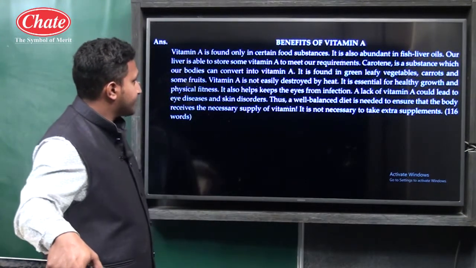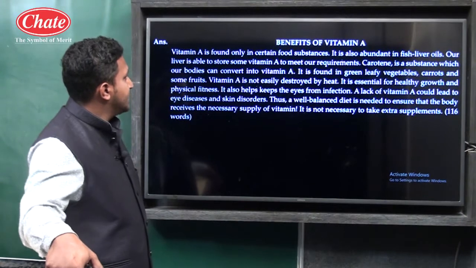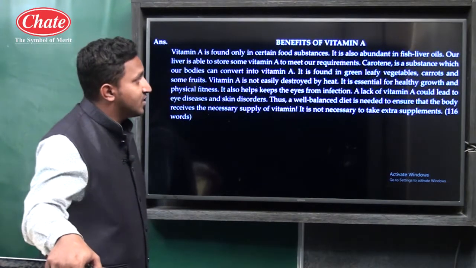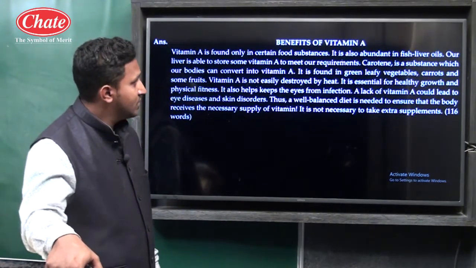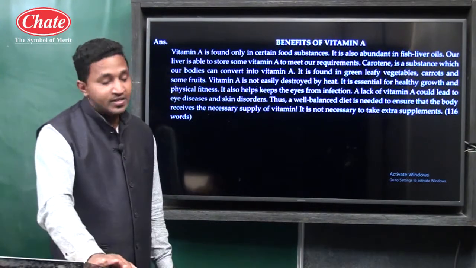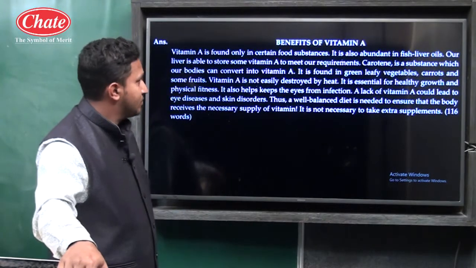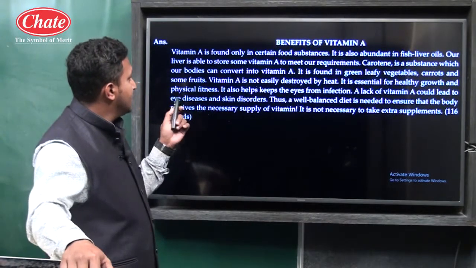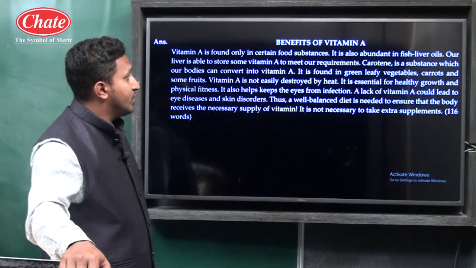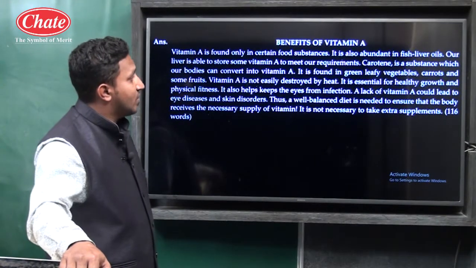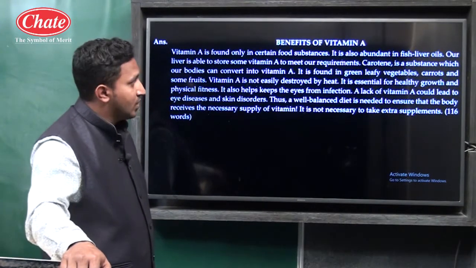So let's see. Vitamin A is found only in certain food substances. It is also abundant in fish liver oils. Our liver is able to store some vitamin A to meet our requirements.